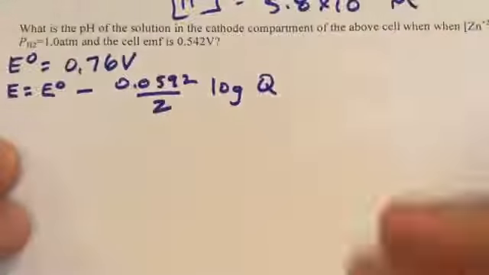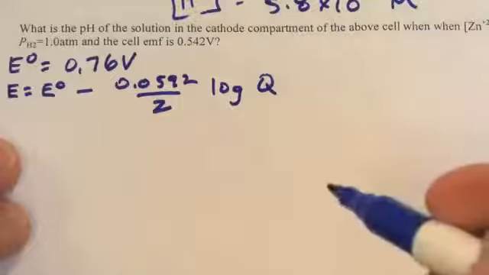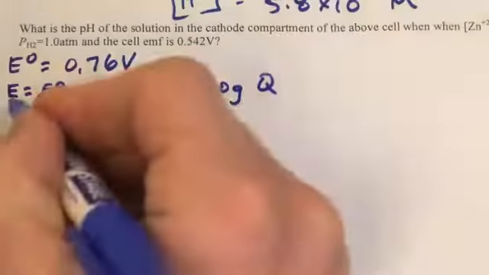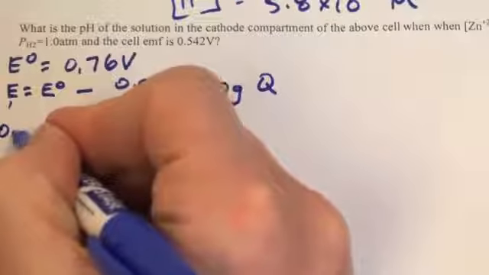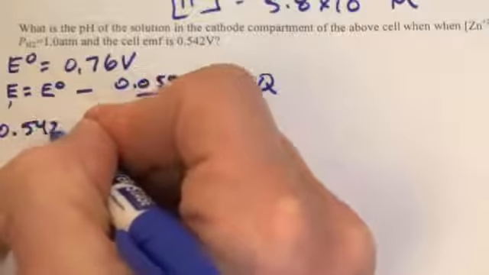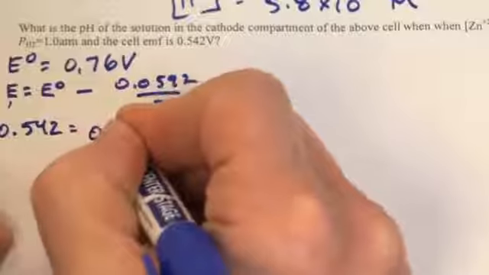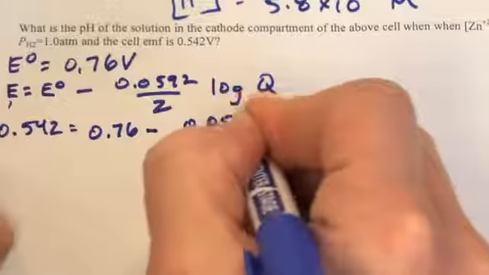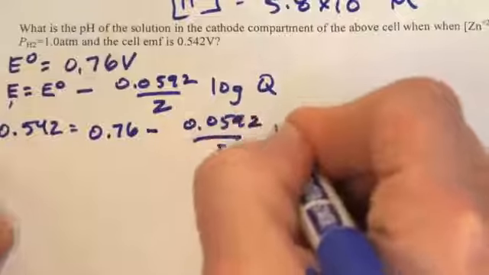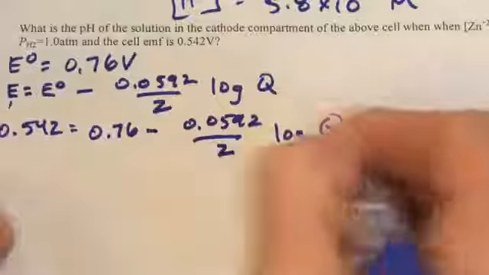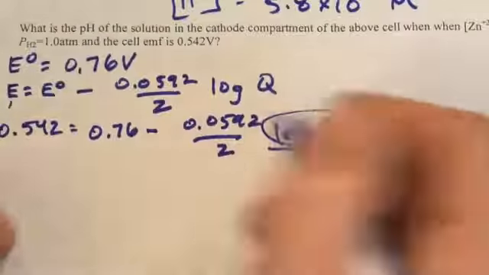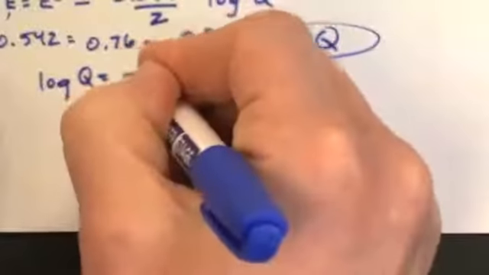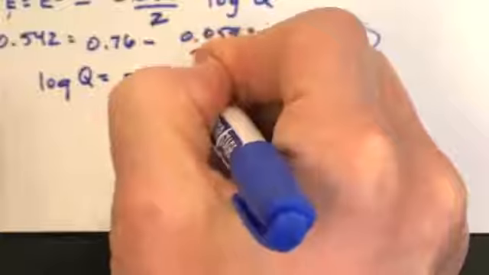Q, remember, is equal to products divided by reactants, and the thing we're looking for here now is the H plus. So plugging in numbers here, E, it tells us in the problem, is 0.542. E circle is 0.76, minus 0.0592 divided by 2 times the log of Q. Solving for log of Q, once again, we end up with log of Q equaling 7.3649.